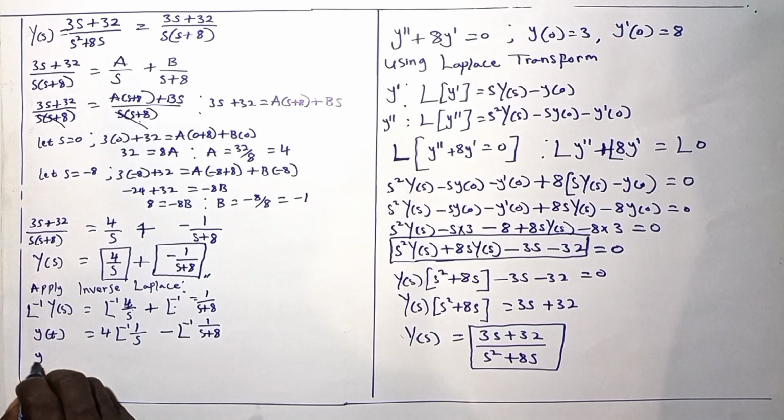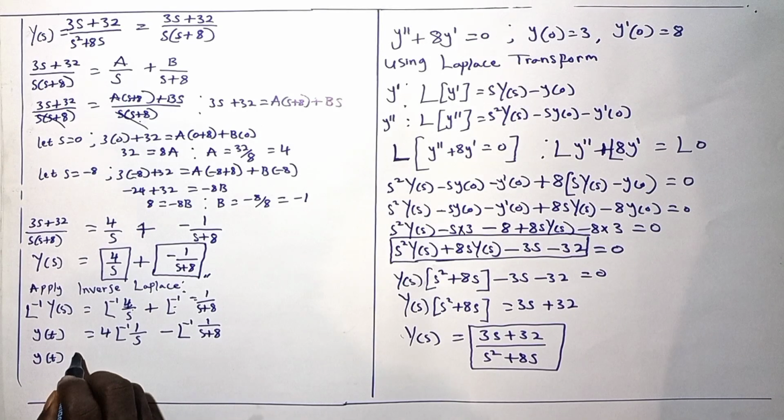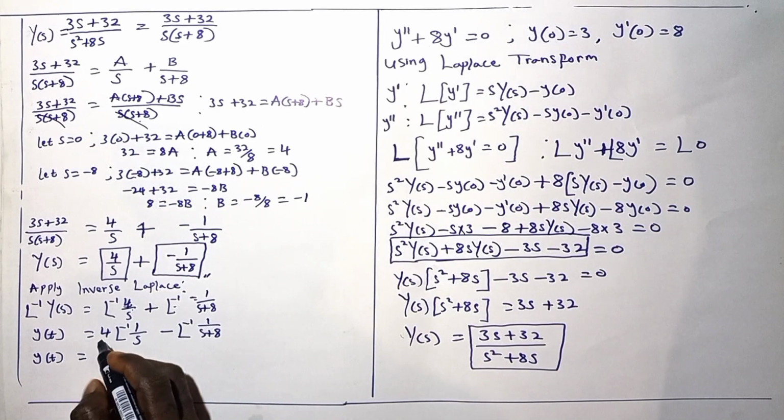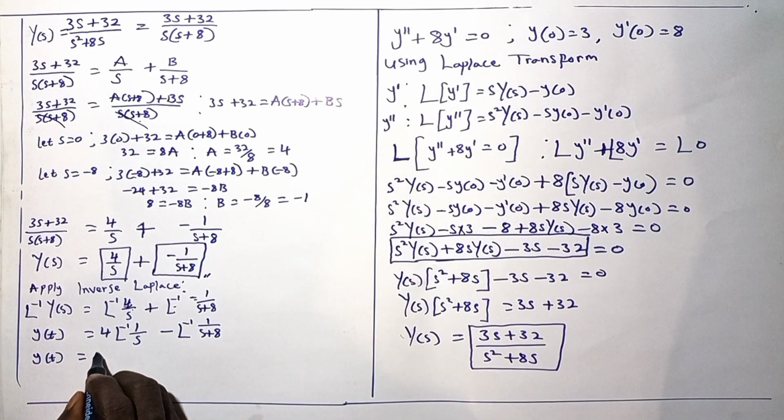Then y of t equals, and from our table of Laplace transforms, we know that the Laplace of 1 is 1 over s. So the inverse of 1 over s will give us 1 back, and 4 times 1 is 4.